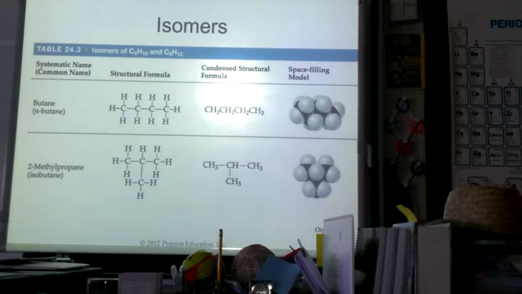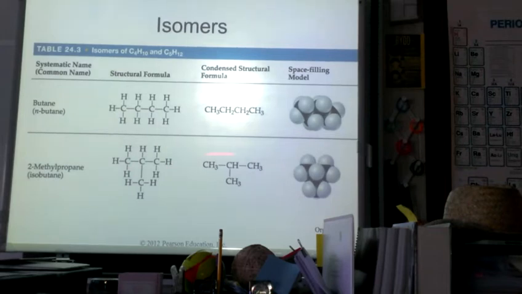So I see here that for butane, I just have the carbons in a nice long chain, all attached one right after the other, so it's more consecutive. But if I look at isobutane, I have 3 carbons that are attached, and then I have this extra carbon hydrogen group attached to the carbon in the middle.